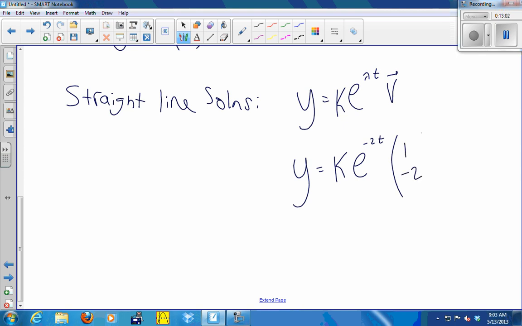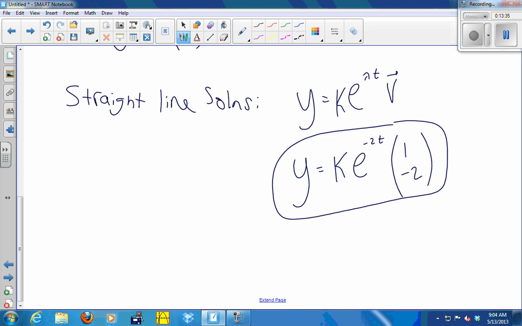1, -2. And they wrote the solutions a little bit differently in here because they basically distributed the k into the eigenvector, except they called it x, because that's just a general eigenvector, instead of choosing one particular one and then taking multiples by using a k.